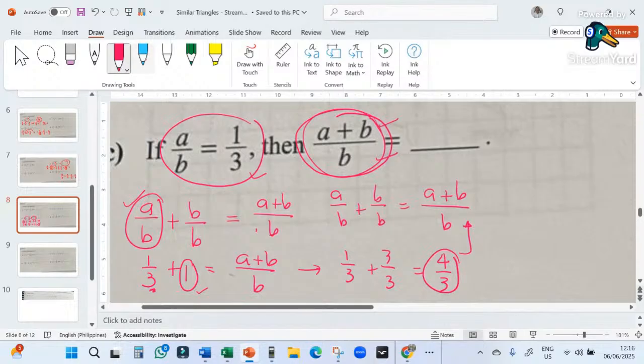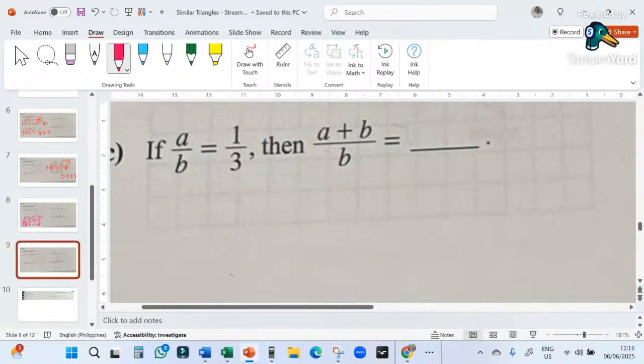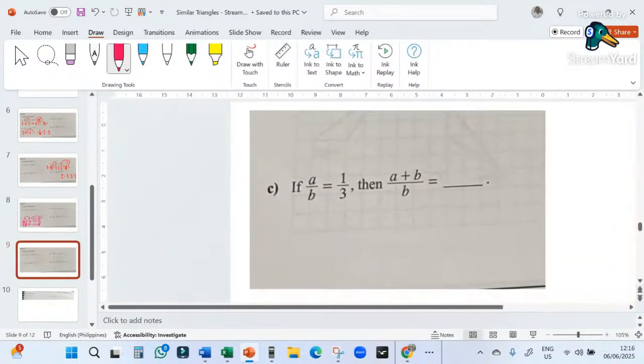You just combine the two fractions because 1 is also a fraction, a whole number with a denominator of 1. Then we get 4/3. The answer here, therefore, is 4/3. Okay, A plus B over B is 4 over 3. All right. Do we still have another?